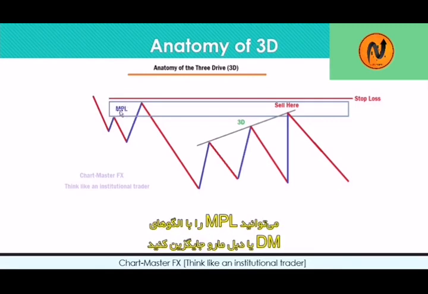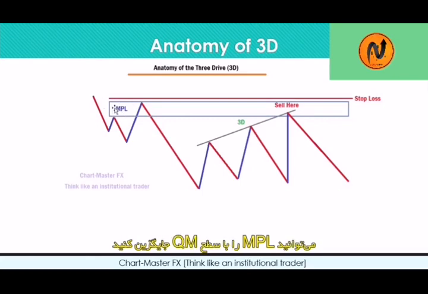So usually it's not in all cases that you need to use the MPL. You can also substitute the MPL with the DM, which is the W Maru. You can also substitute the MPL with the QM level. All those guys, they work very well here. So you just need to ensure that your decision point is valid. Those who have not watched the MPL video, you must go and check it. The full name of the MPL is what we call maximum pain level, and the W Maru video, which is abbreviated as DM, and also we have the QM level.